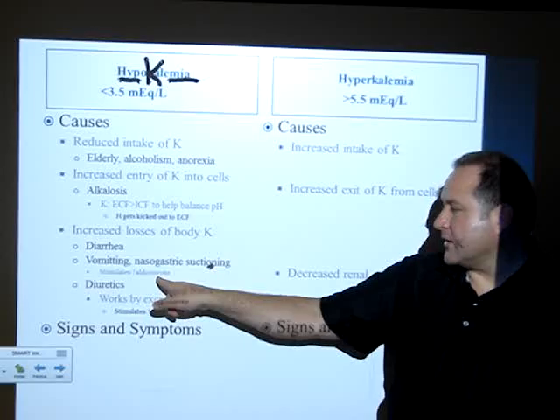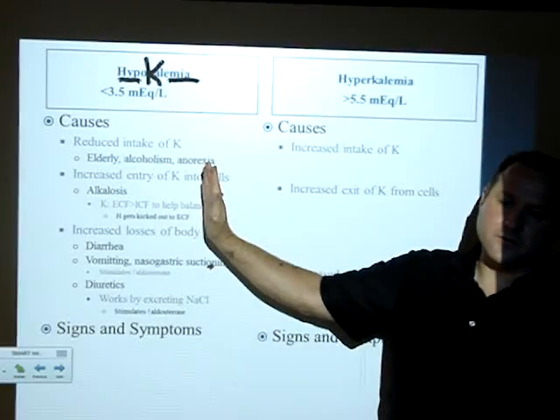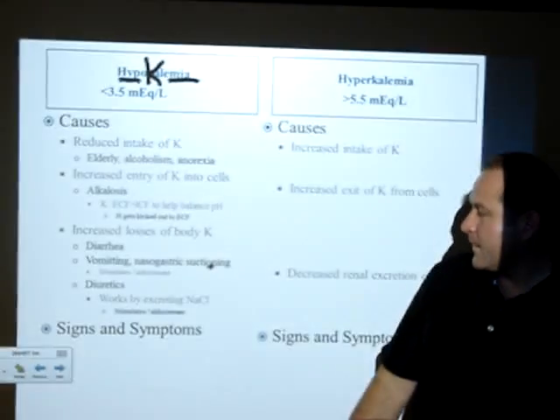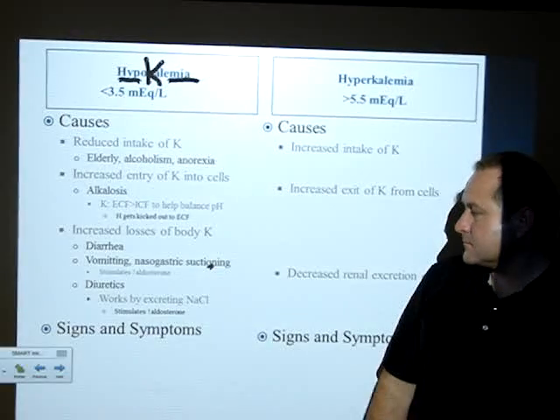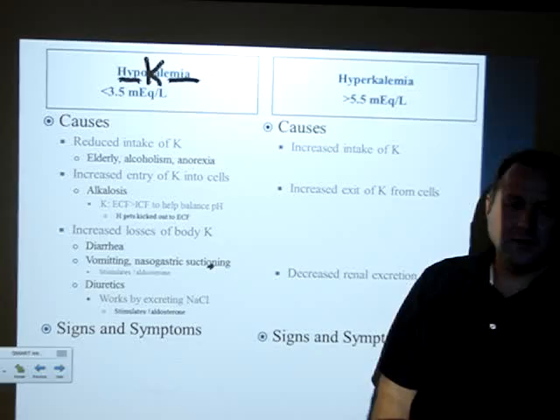If you increase your aldosterone, again, increasing aldosterone is going to bring your sodium back in, but it's going to kick potassium out. Okay, and of course diuretics, same thing, it'll increase your aldosterone too.